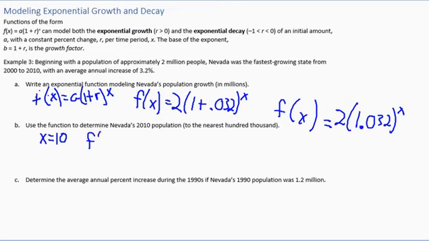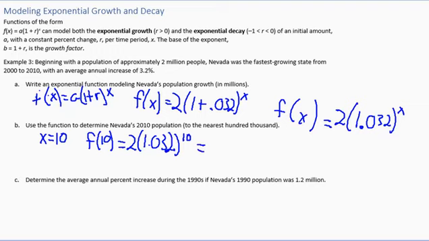So f of 10 is equal to 2 times 1.032 to the 10th power. We can put that in the calculator. You might want to do 1.032 to the 10th first and then multiply your answer by 2.